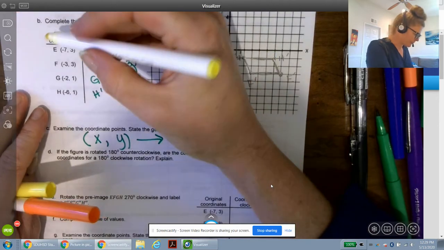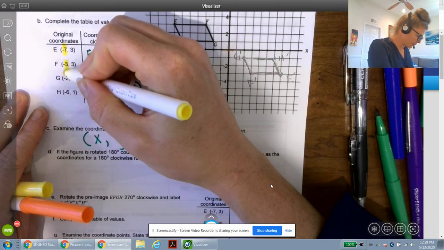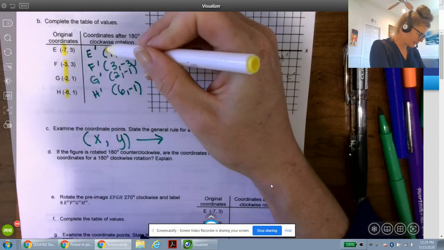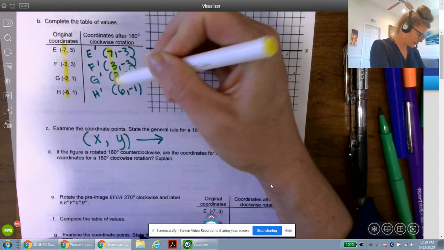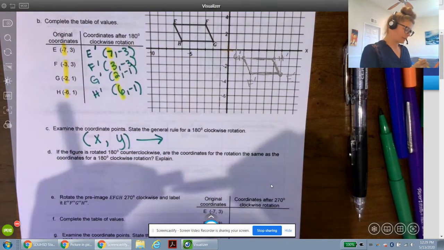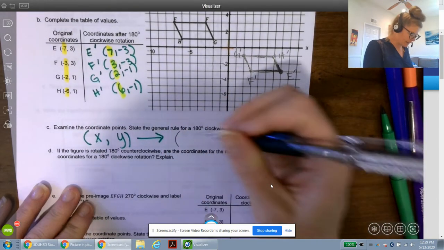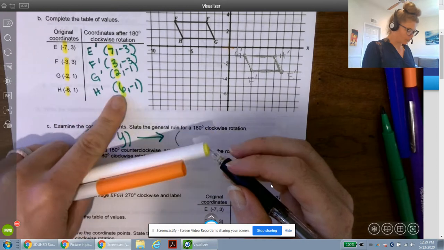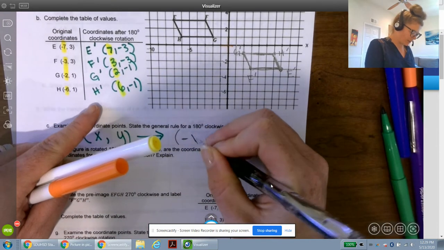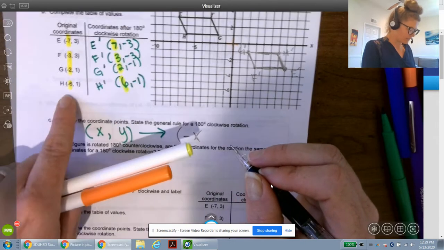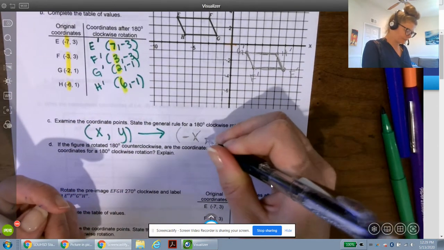So let's see. I'm going to look at my original x values. And I'm noticing that each x value corresponds with the new x value, but it's the opposite of what it was. -7 went to +7, -3 went to +3, -2 went to +2, and -6 went to +6.